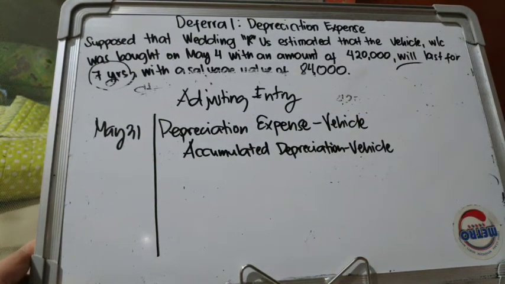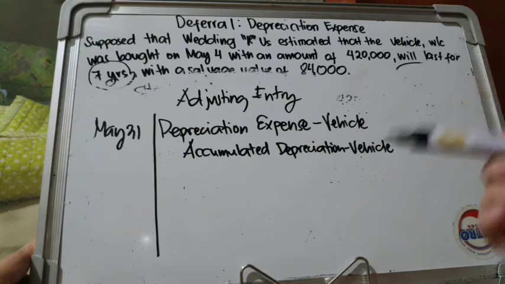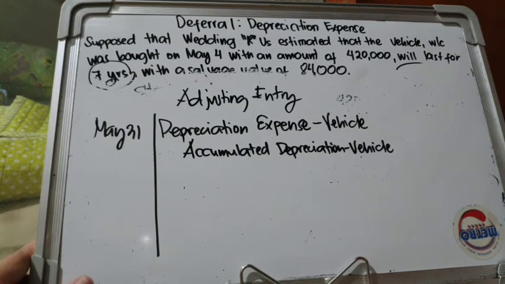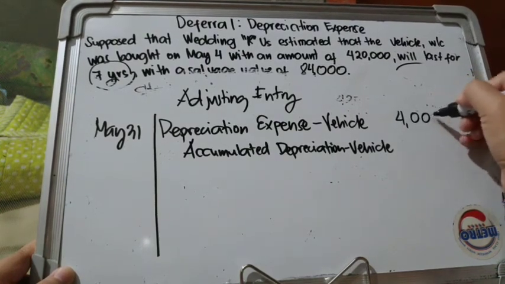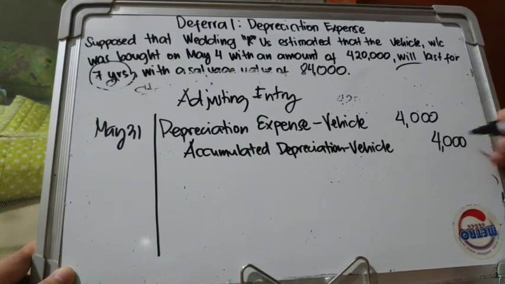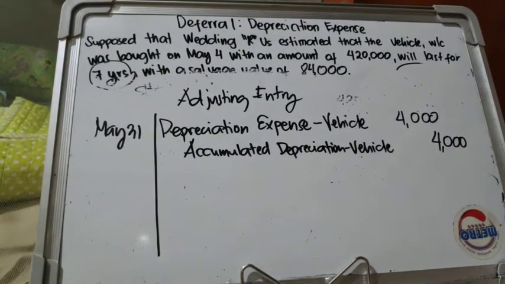Bakit natin nilalagay yung specifically kung anong property, plant, and equipment ang nag-depreciate or bumaba yung value? It is because marami ang property, plant, and equipment ng isang company. So, you need to specifically put what type of property, plant, and equipment ang nag-depreciate or bumaba yung value.